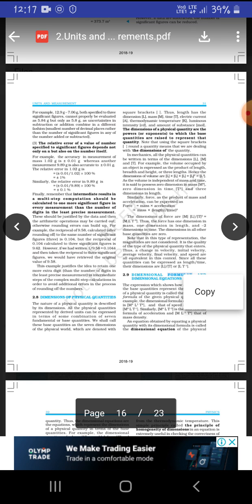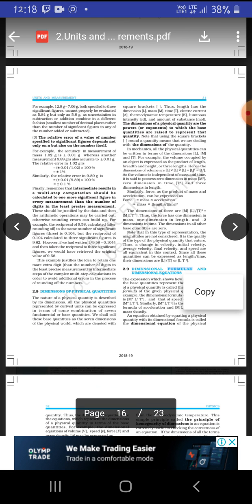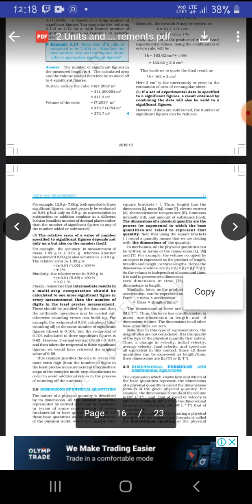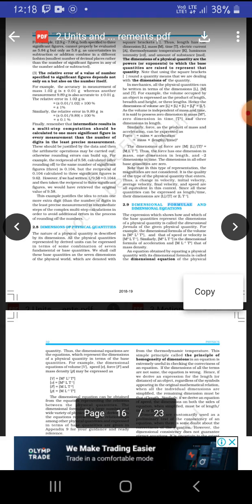And the relative error of the value of numbers specified should be calculated when we divide. As you know the errors, I said how to calculate the relative error, so like that only you should calculate it. You should also calculate the percentage error, how much percent it is. See, 0.1 percent it came. Like that only you should calculate.